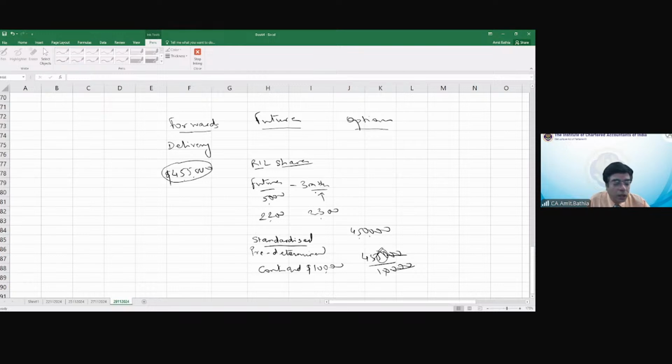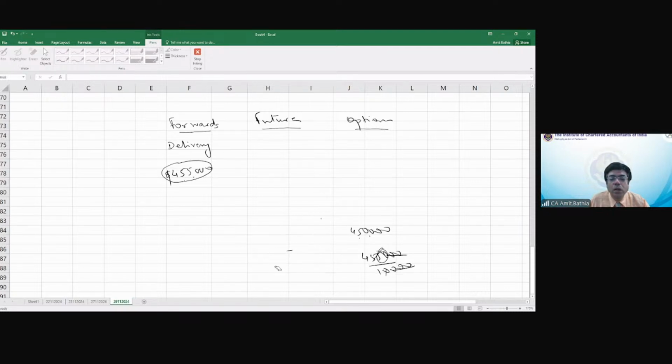Okay. So here in futures, say for example, I am an importer who has an obligation to pay. This was about shares. Let's come back to currency. Okay. So in a futures contract, let's say I am an importer.